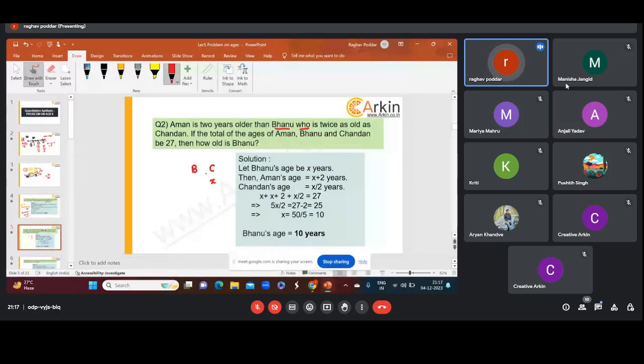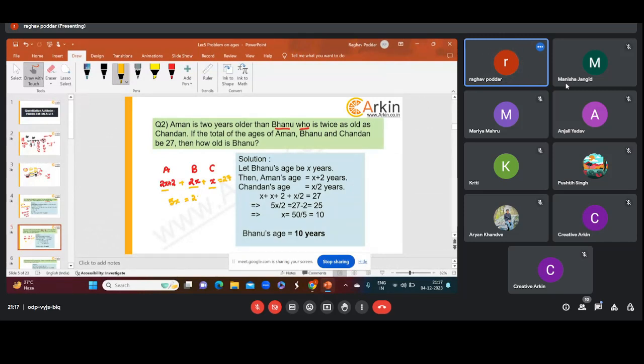Bhanu is twice as old as Chandan, so Bhanu would be 2x. And Aman is 2 years older than Bhanu, so Aman would be 2x plus 2. If the sum of the ages, that means A plus B plus C, is equal to 27, 2x plus 2x plus x, that is 5x plus 2, when it goes this side becomes 25.